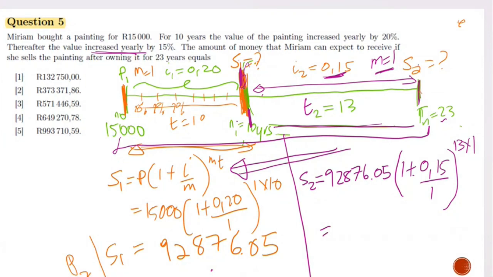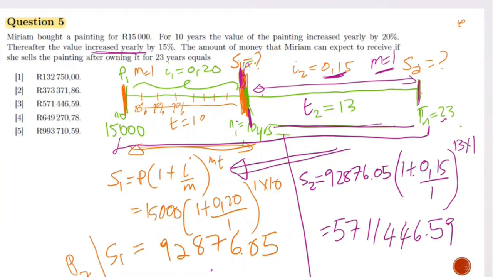Your final value is going to be 571,446.59. So I wanted to look at this question for simple reasons, to help you at least attempt to write the story into the timeline.